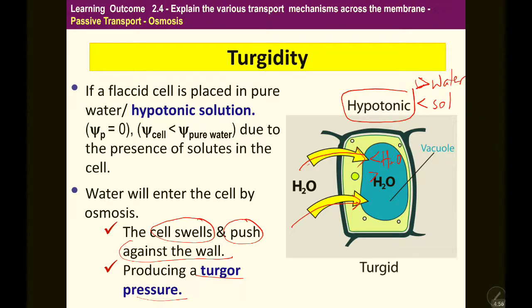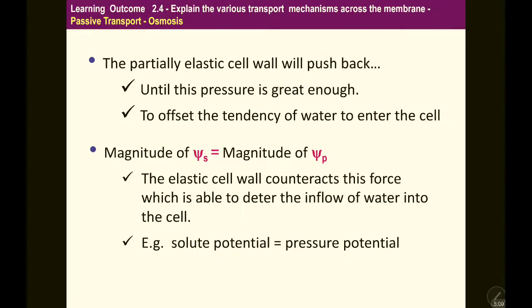Okay, turgor pressure means that it fully presses on the cell wall. So the cell wall will push back until the pressure is great enough to offset the tendency of water to enter the cell. It means that the cell has already swelled to its maximum. Remember, our cell wall is very rigid. Okay, they cannot expand much.